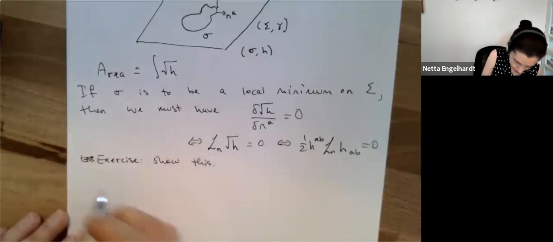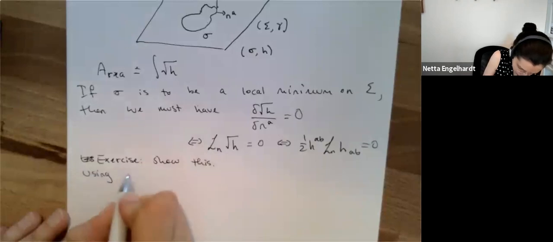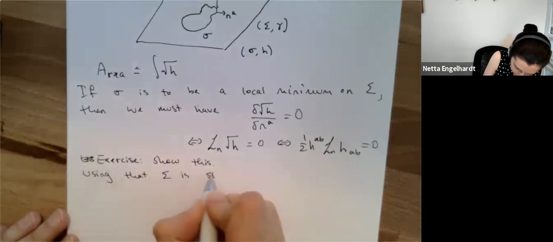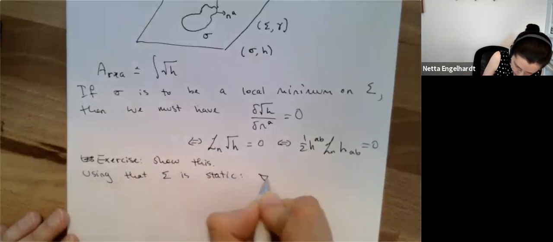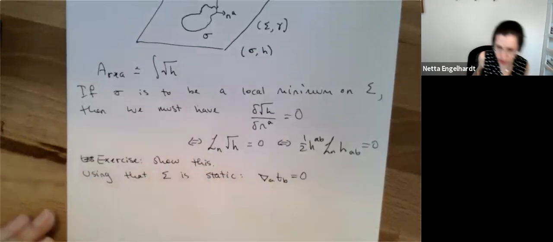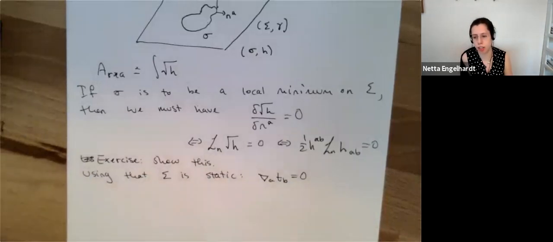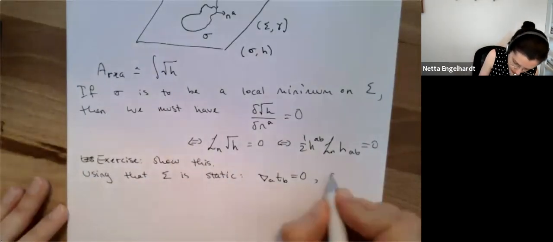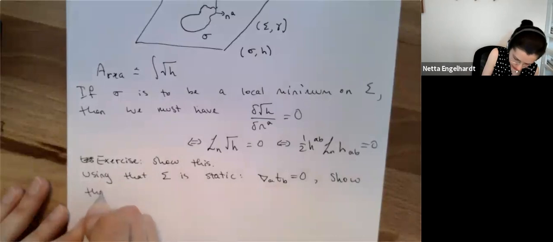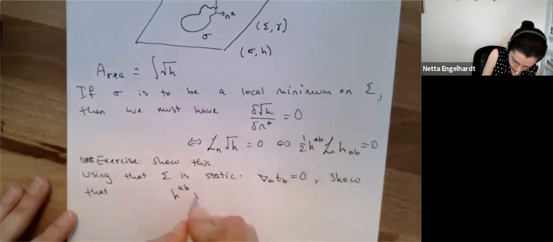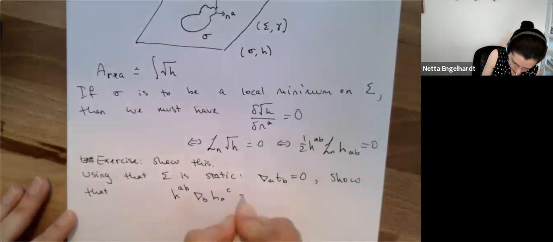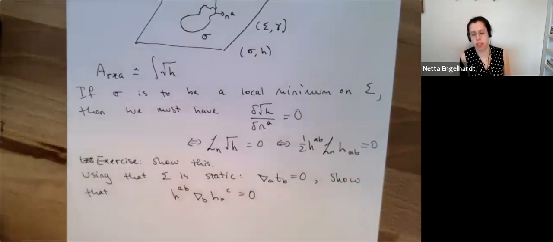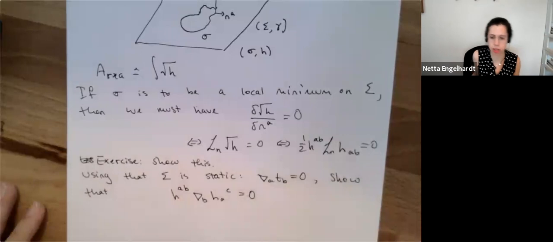Now, using the fact that sigma is static, which is telling us that the covariant derivative of this t vector is 0, you can show that this quantity is actually equivalent to demanding that this be a local minimum of the area. So these two equations are identical.